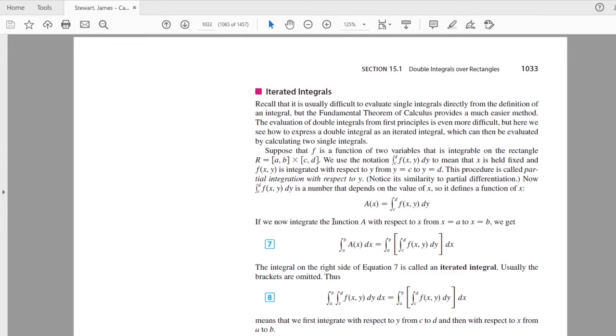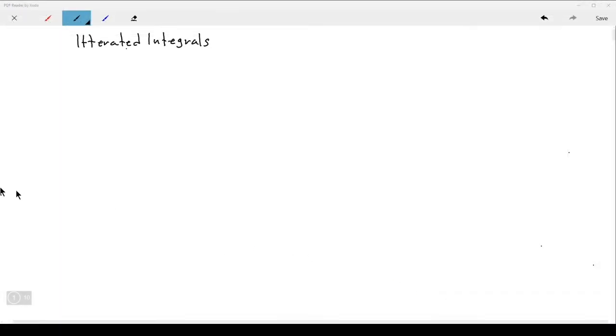So you take the integral from C to D of the function, you get that rectangle, and then you take the integral again of that from A to B, and that gets you your volume. We're basically doing the area of the base times the height in terms of the integration. And again, yes, I know I spelled iterated wrong.